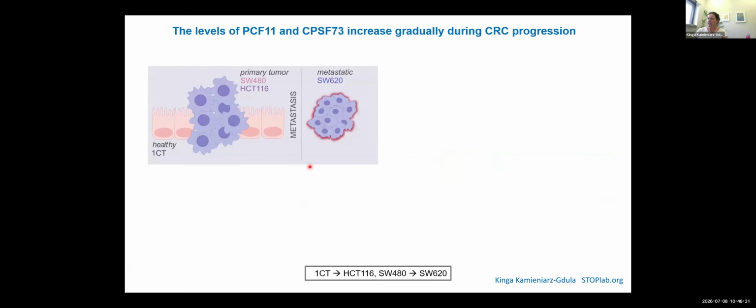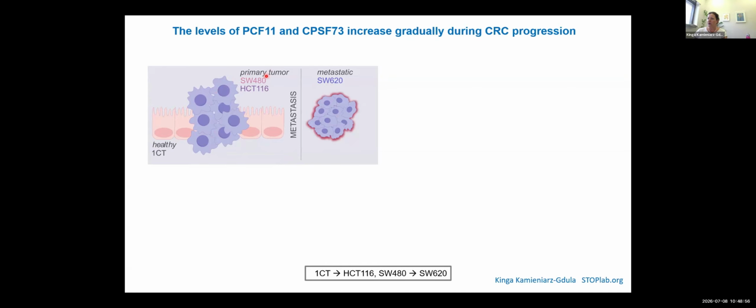So the model we decided to use consists of 4 cell lines that we did most of the experiments with. The one is a cell line which comes from the healthy colorectal epithelium, then 2 cell lines derived from the primary tumor, and then a metastatic cell line which is derived from the same patient as W418, but after metastasis.